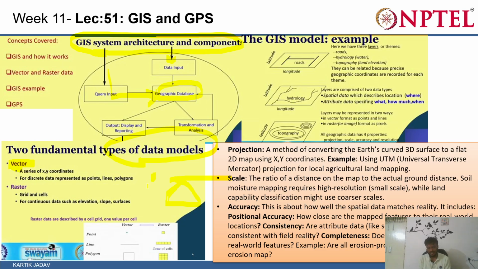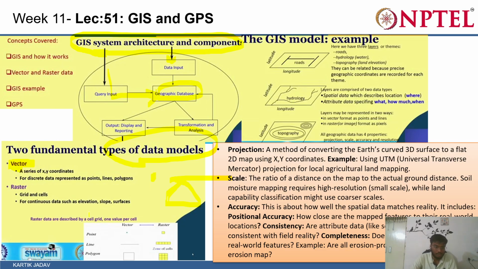Point data is any data, suppose you want to highlight a certain school, a hospital, or your home; all are point data. Line data are like roads or rivers, while polygons relate to lakes and small water bodies, right?